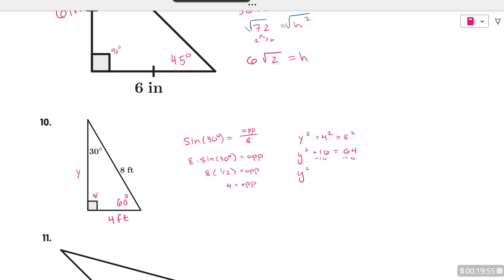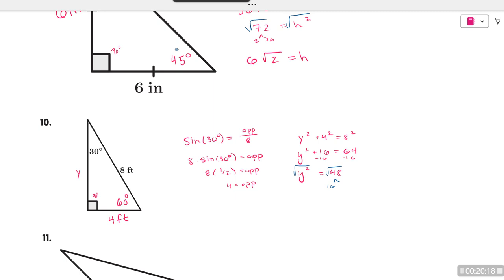So y squared equals, well, 64 minus 16 gives us 48. So we take the square root of both sides. Now, 48 does have some, remember, the good way to go about this is trying to see if we can divide these numbers by a perfect square.